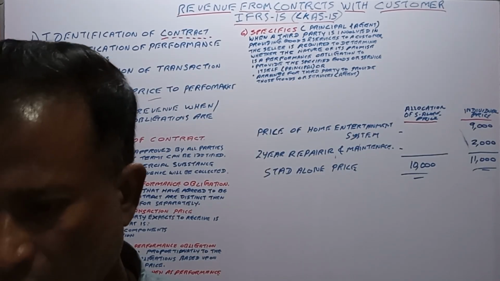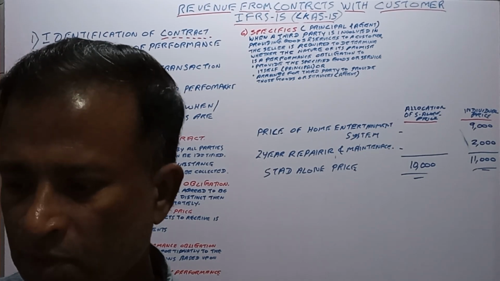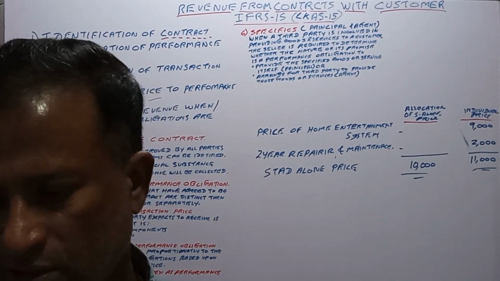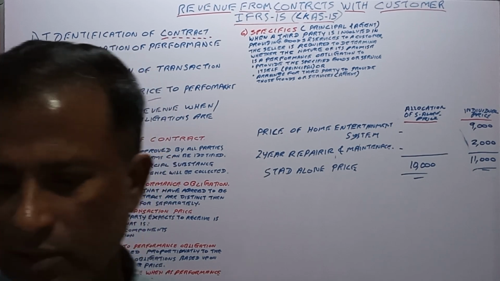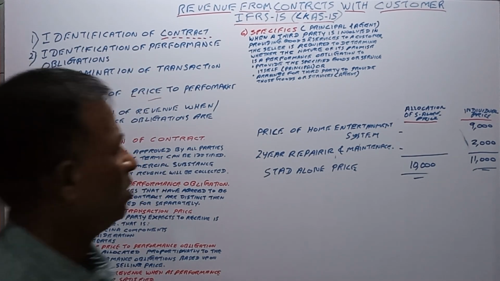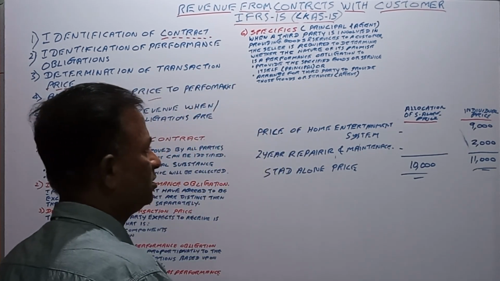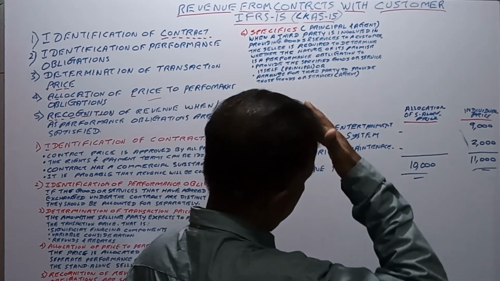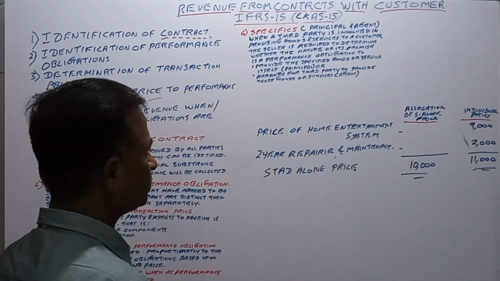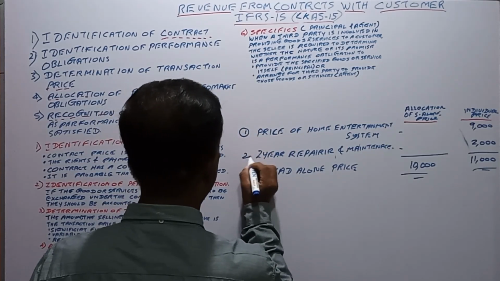How is the 10,000 contract price allocated to the separate performance obligations? Note, ignore any discounting and time value of money. They ask us to ignore it. So 9,000 is product number one and this is product number two.